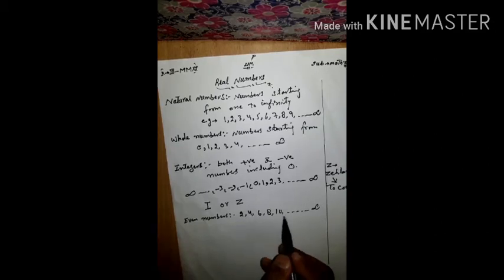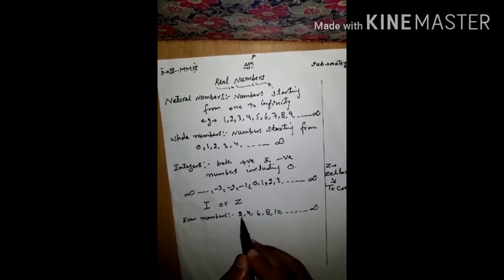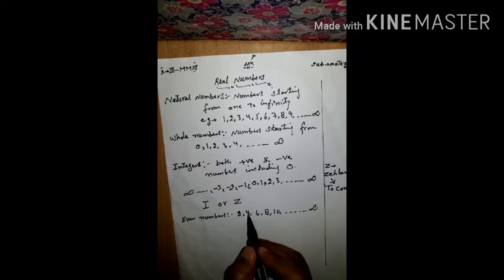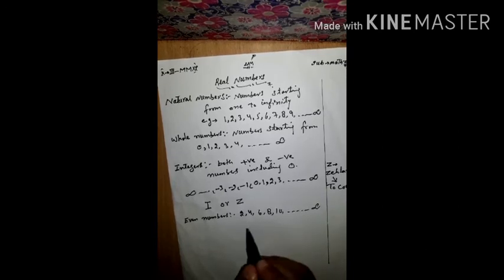So these numbers are even numbers. Why are these numbers known as even numbers? Because these numbers are divisible by 2. If you can see, 4 can be divided by 2, 2 can be divided by 2, 6 can be divided by 2, 8 can be divided by 2, and so on. So all these numbers are known as even numbers.